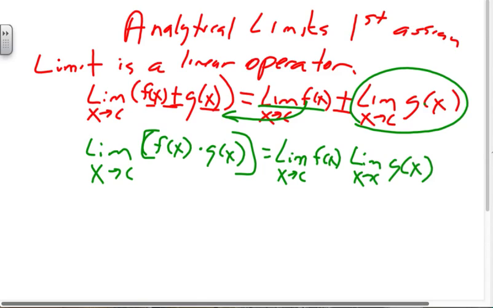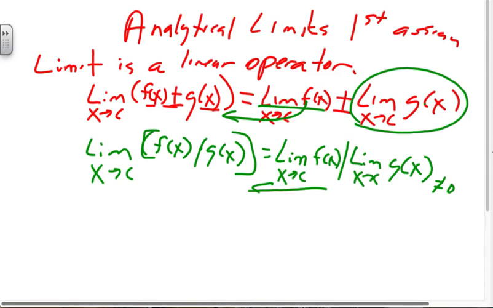Or if you're dividing, then it would be divided by that, assuming that this is not equal to 0. Again, you could go this way with it also.